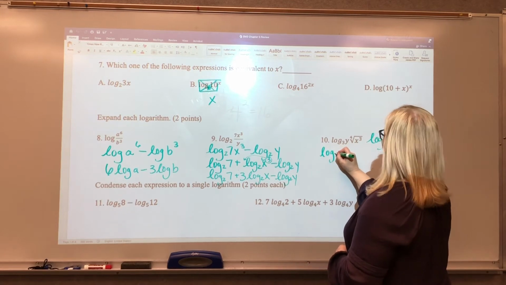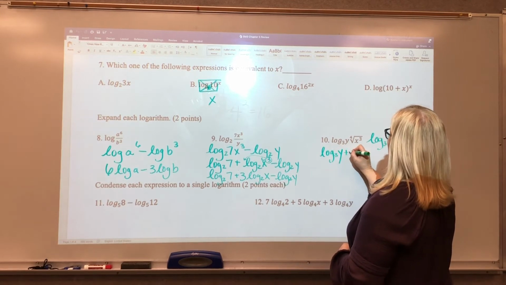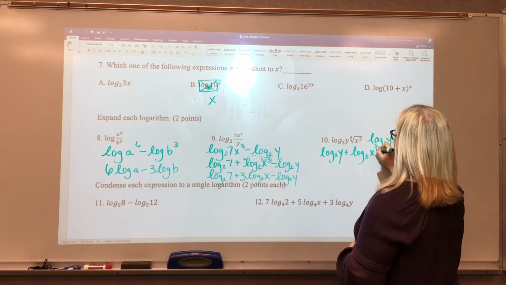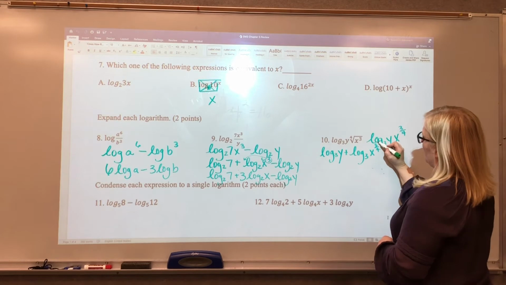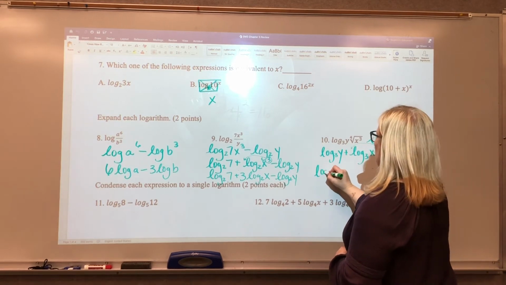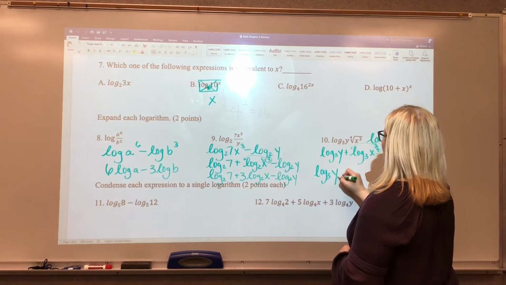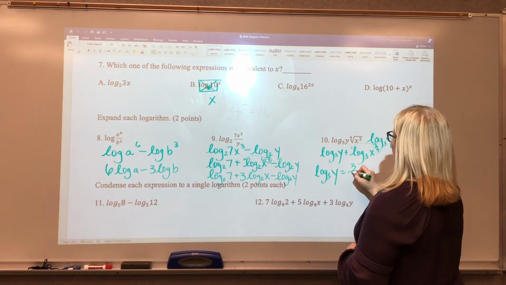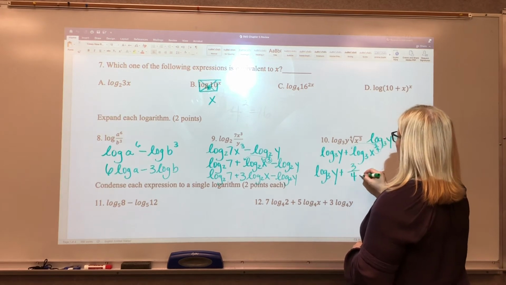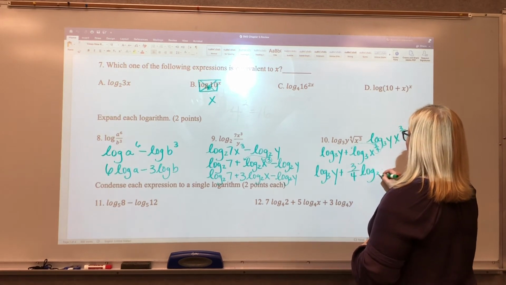So log base 3 y plus log base 3 x to the 3/4. And now that 3/4 is going to come out here to the front. So I've got log base 3 y plus 3/4 log base 3 x.